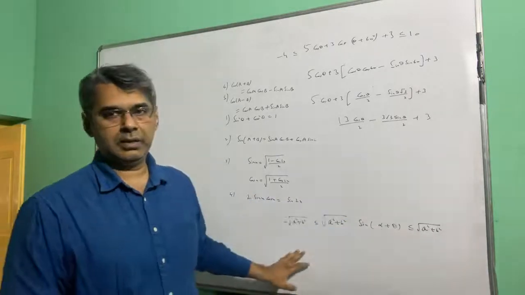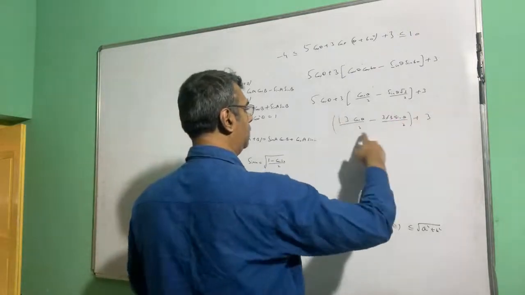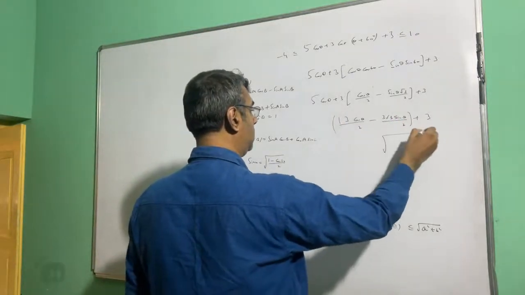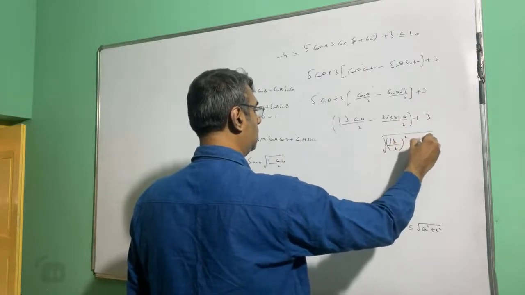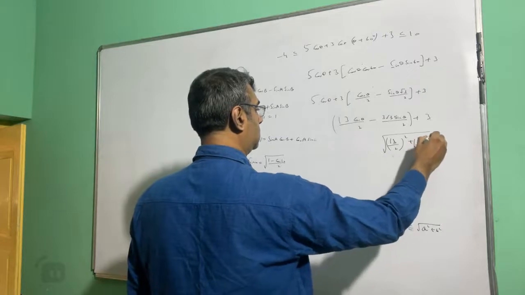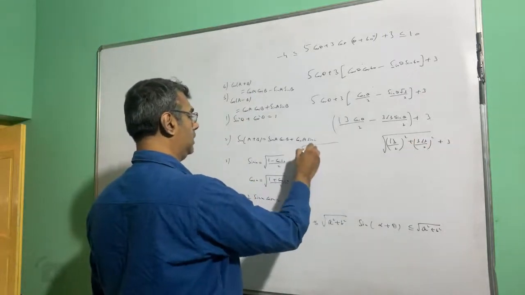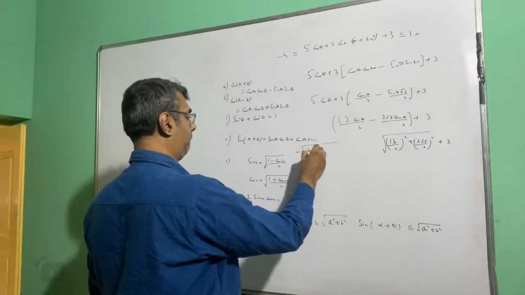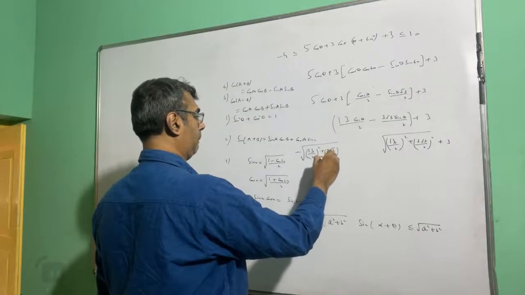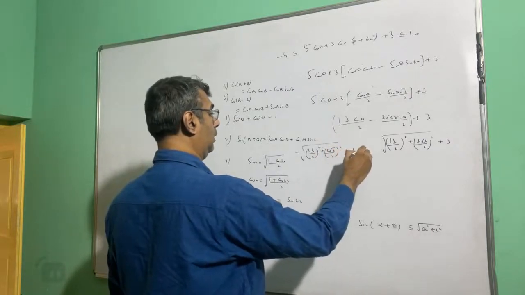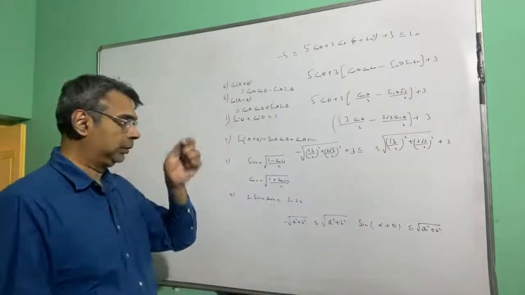Just plug in the theory. So the maximum and minimum value of this whole thing, so maximum value will be root over so much, and minimum value will be just the negative of that. Okay, this is the maximum, this is the minimum.